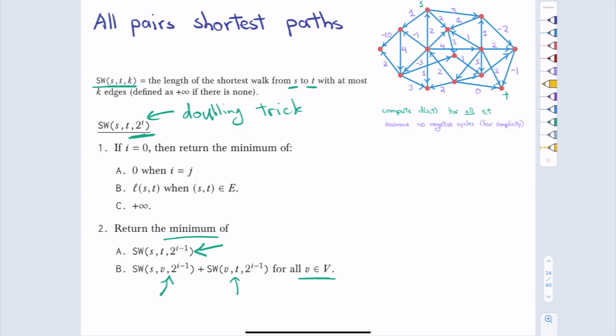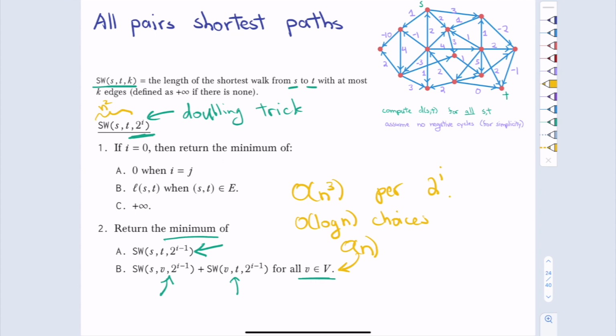As far as the running time goes, we have n squared choices of s and t, and here's a loop of size n. So that means it's n cubed per each power of 2. But the nice thing is, because it's powers of 2, I only need to do log n choices of i before 2 to the i is bigger than n, in which case I get all the paths.